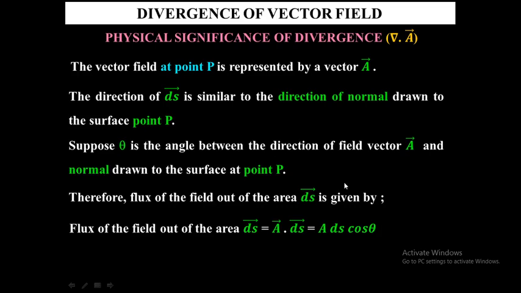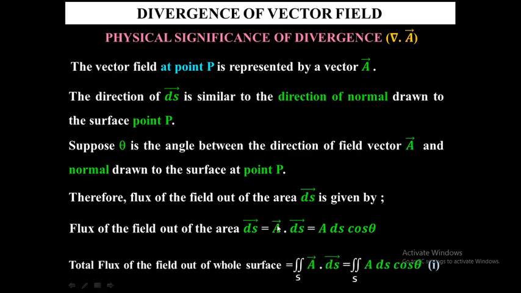The total flux of the field out of the whole surface is the double integral over S of A dot ds, and A dot ds is nothing but A ds cos theta. Suppose this is equation number 1.